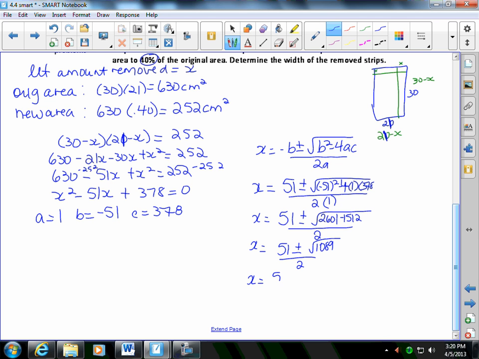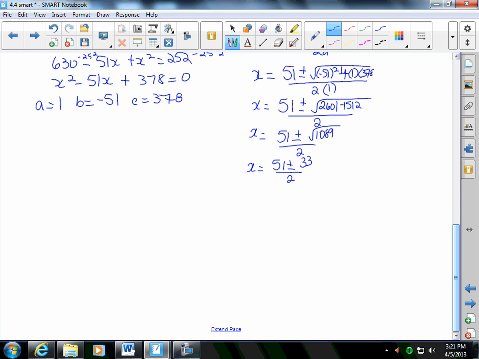x is equal to 51 plus or minus, this works out to be 33. So now I finished my solution. Let's see, which way do I want to go? I'll go over here.